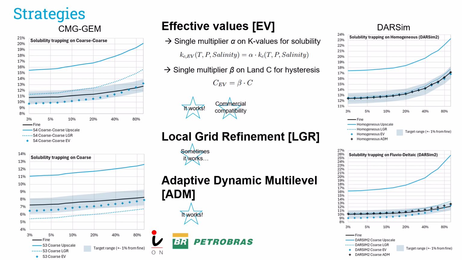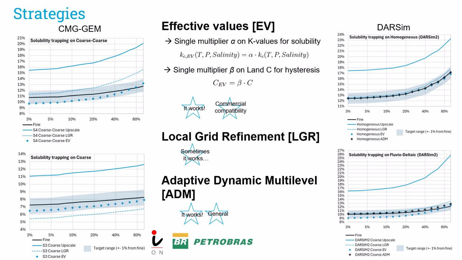A positive point for effective values is the commercial compatibility. We can use effective values in every commercial simulator there is. But on the other side, it requires a lot of parameter tuning. We have to tune the parameters for each pair of coarse and fine models.